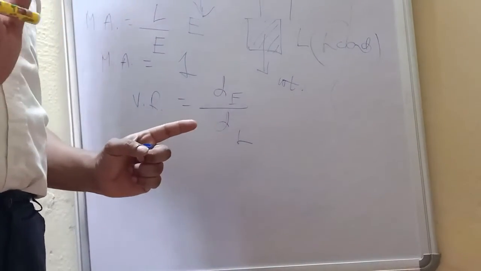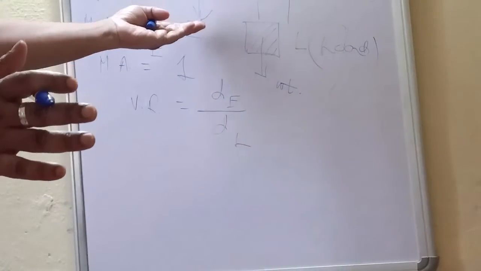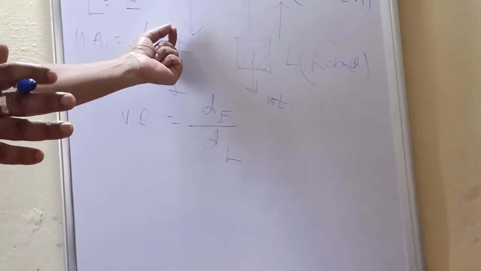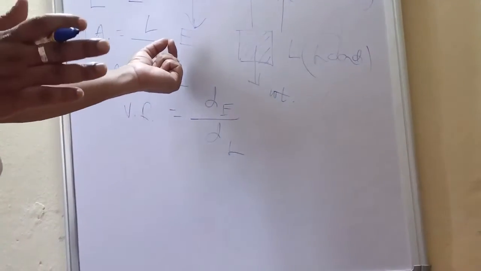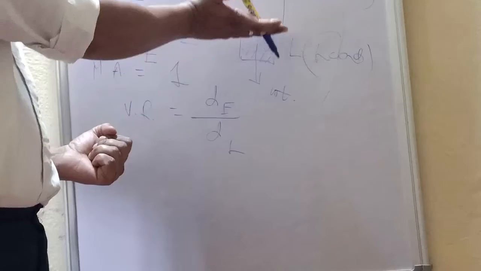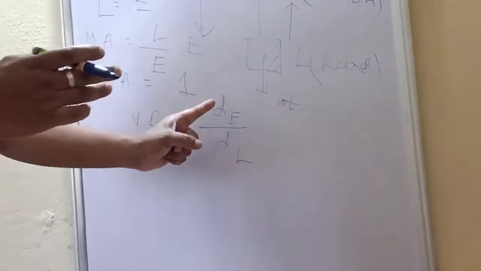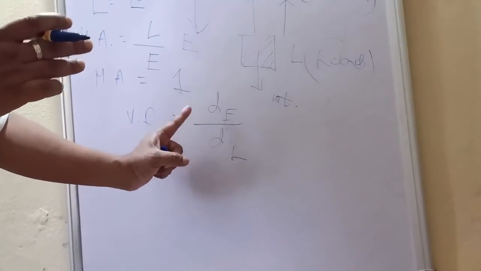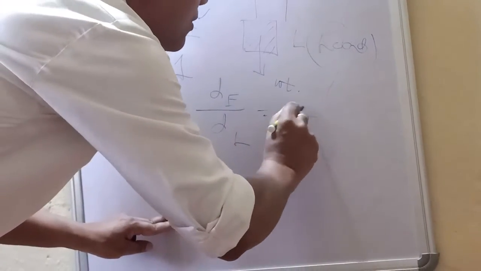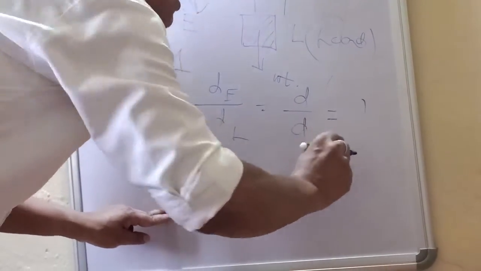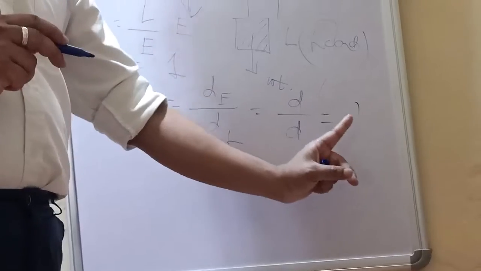Like I told you at the beginning, dE is the displacement of the effort, how much you have pulled it down. Suppose you have pulled it down by 1 centimeter, then the load will also go up by 1 centimeter. So dE and dL are equal to each other, and your velocity ratio becomes 1.